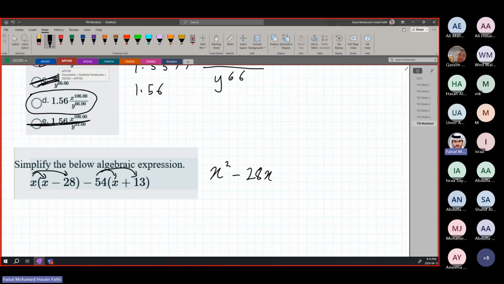So negative 54 times positive x, which is negative 54x, and negative 54 times positive 13, which is negative 54 times 13, 702. And then again, the like terms, you're going to simplify. So x squared is the only term here. Minus 28x minus 54 is minus 82x, and then minus 702. All right.